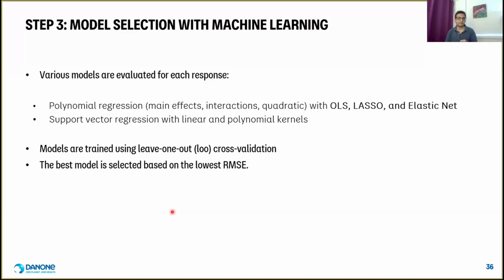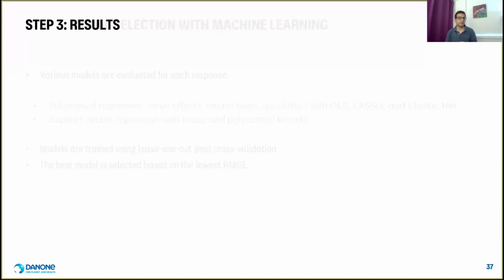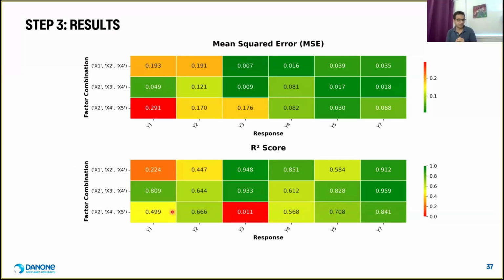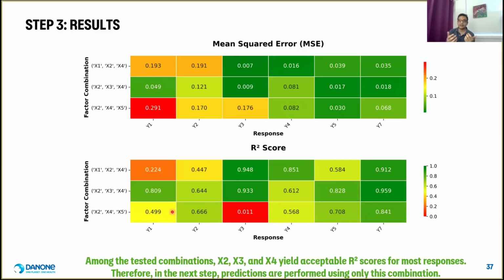And once we applied this, we got a good model for the X2, X3, and X4 combination, for which we get very low mean square error, and we get quite a good R-square score. And because our capability to predict this particular combination is good, this tells us that the unexplained error for this combination is less.